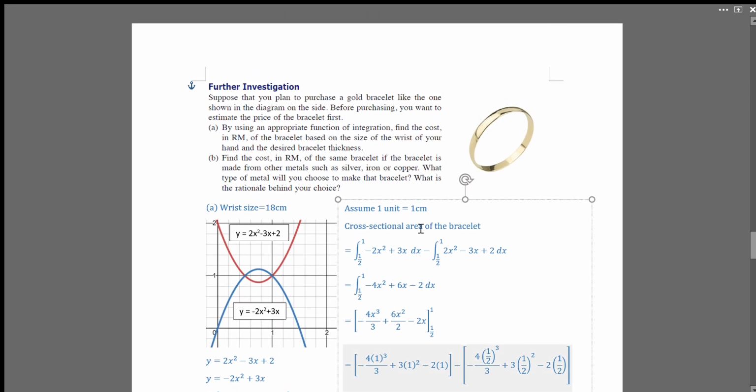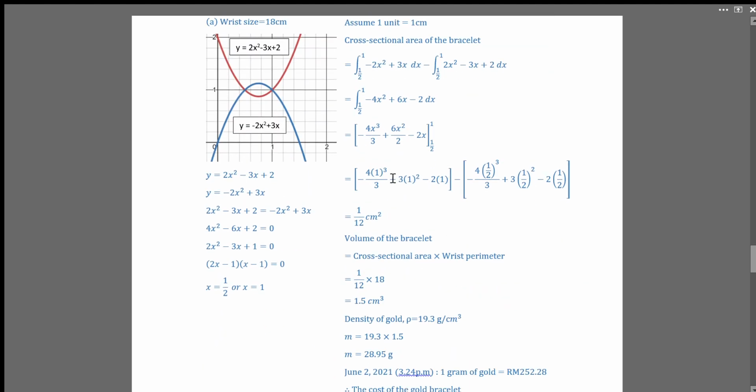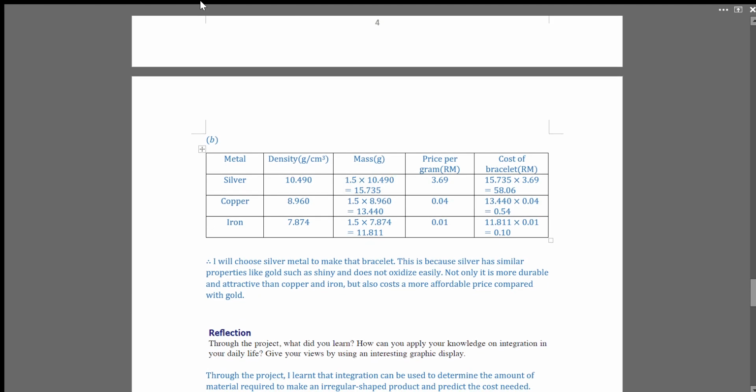After that, the question asks me to calculate the cost of the bracelet if other materials are used, such as silver, iron and copper. So I just make a table of comparison between the prices for different metals. Just like just now, the density and the price per gram, I find all through the website, and then I will get different costs of bracelets here.